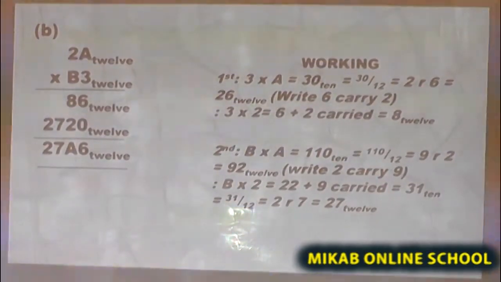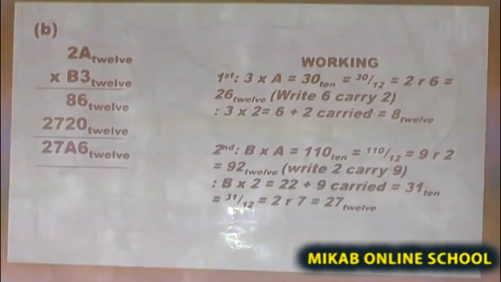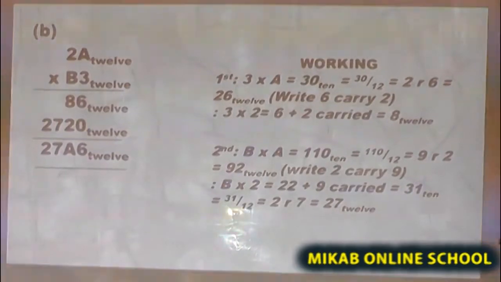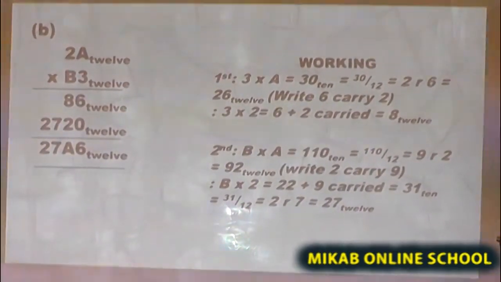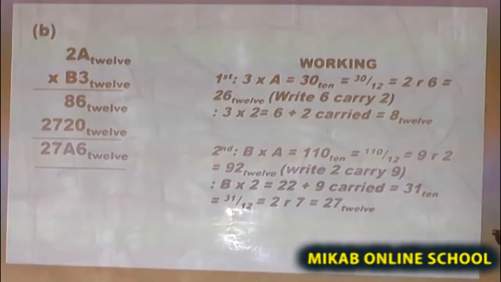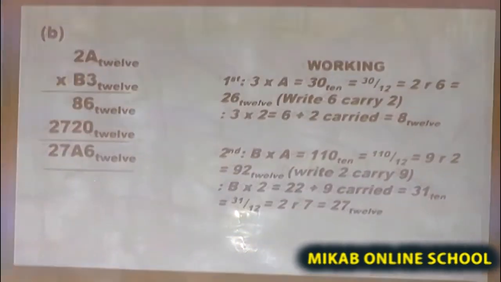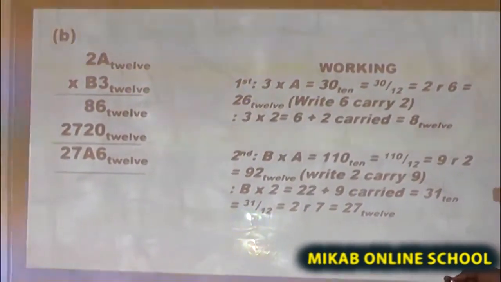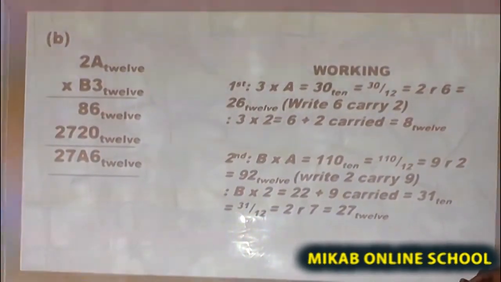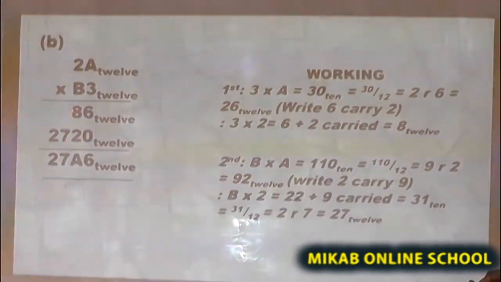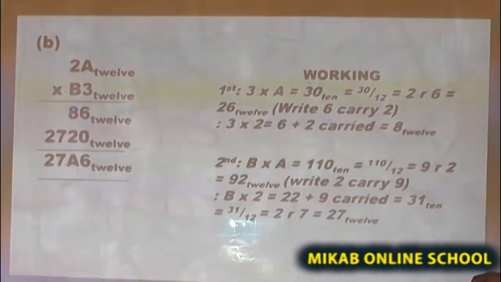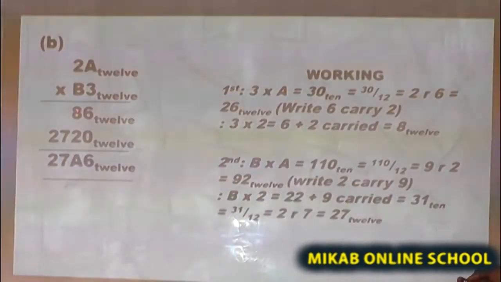So we'll proceed to addition, where we have 6 plus 0 here, we'll have 6, and 8 plus 2 will give 10. So now we'll proceed to add. 6 plus 0 in base 12 will give 6. And here 8 plus 2 will give 10.